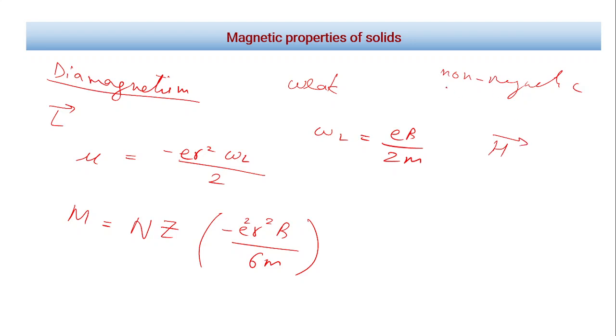So we may label them non-magnetic, but they always show diamagnetic behavior. Because its strength is very low, it gets hidden, or it's not able to present itself when other kinds of magnetism are dominant in materials, like in iron.